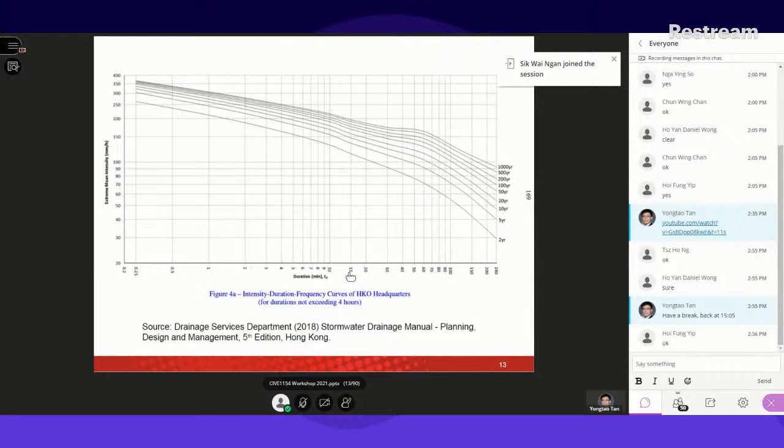You can see the x-axis is duration, the y-axis is the extreme mean intensity, and each curve represents the frequency, or occurrence. Occurrence means the recurrence, the average recurrence interval, ARI, from 2 years to 1,000 years.